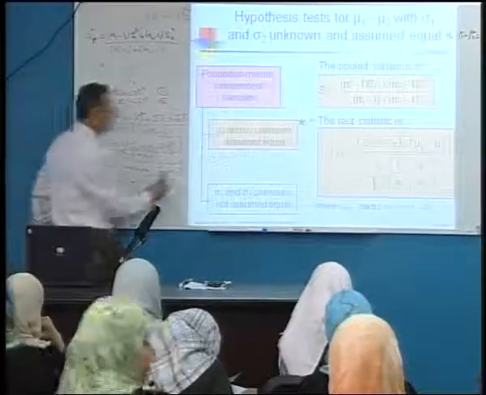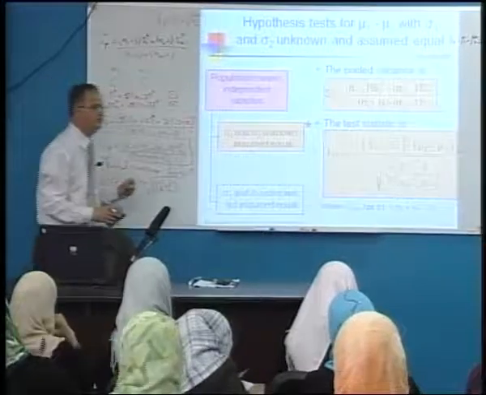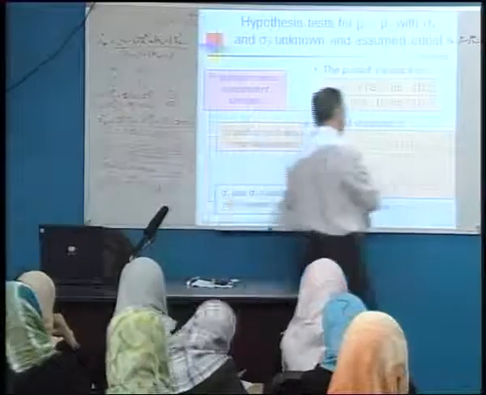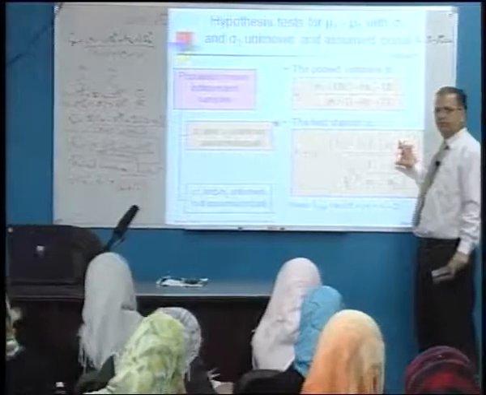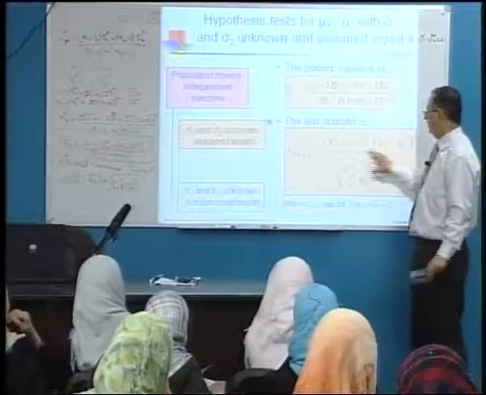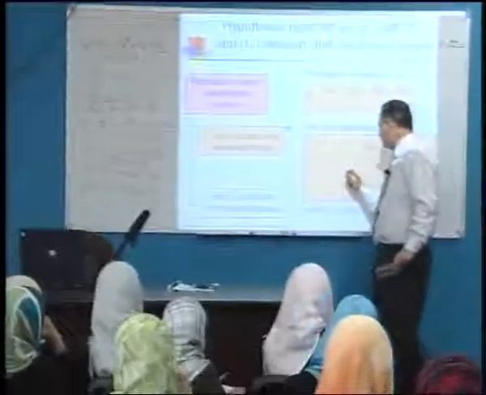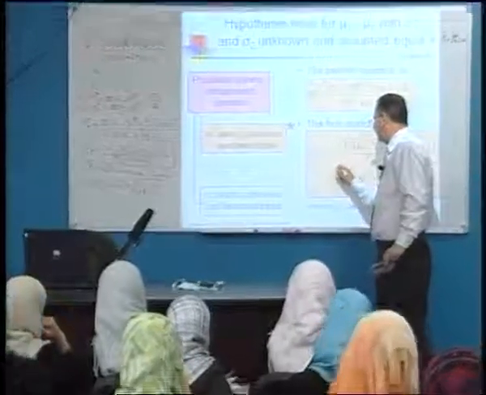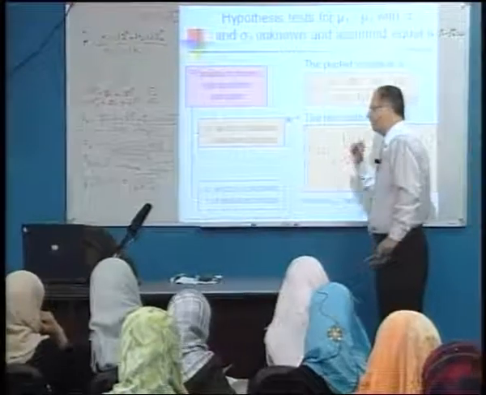So now the t statistic becomes, again, x1 bar minus x2 bar minus the difference between the two population means, divided by this term, which represents the standard error of the estimate.